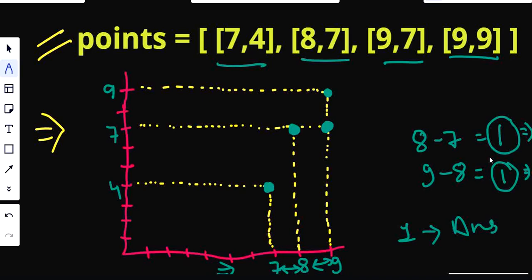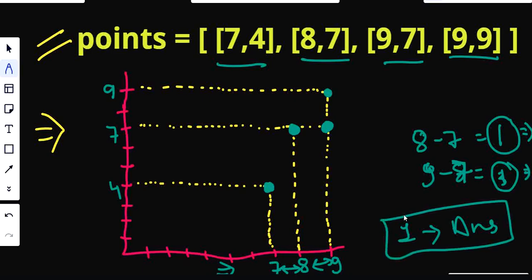If there were some other difference like 9 and 7 or 9 and 6, in that case I know that this value would be greater than the previous value. So it would be somewhat like 3 or 4 or 2, whatever. So I will be returning the maximum of it. So for this example, we know that the answer is going to be 1.